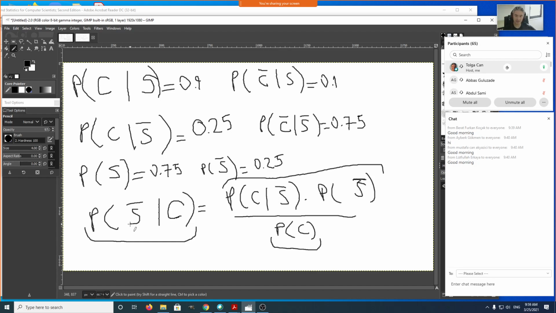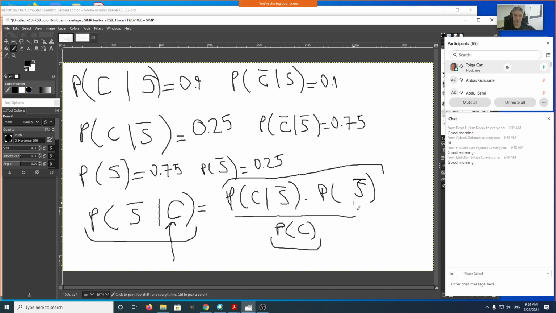But we are interested not in the intersection. We are already given that the answer is correct. This information is already known. Now, what is the probability that the student did not prepare? If we look at this question, what is given to us? The probability of answering correctly given that the student did not study is 0.25.